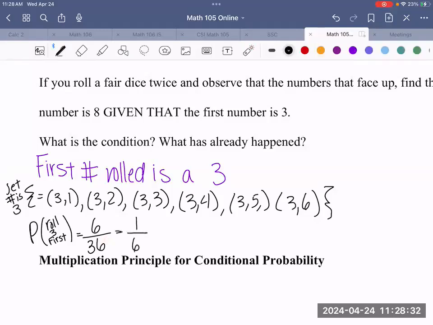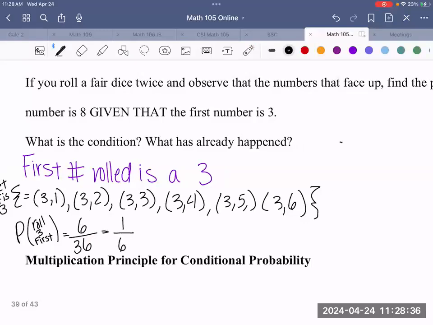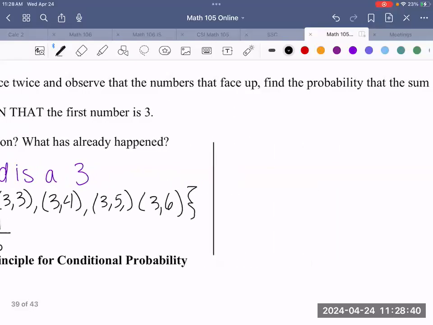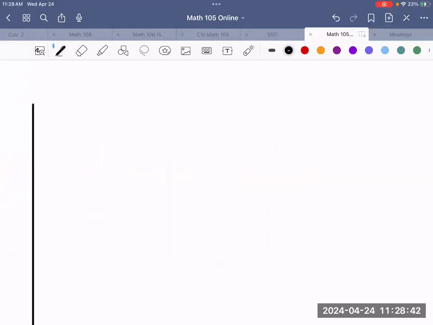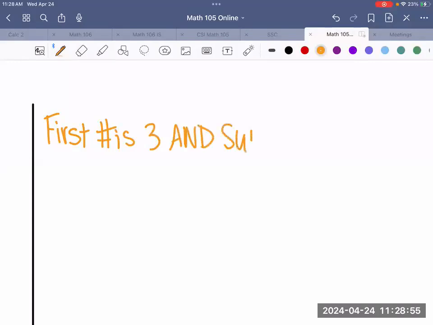So that's the probability that the first number rolled is a 3. Now we have to figure out the probability that the first number is 3 and they sum to 8. So what does that look like?